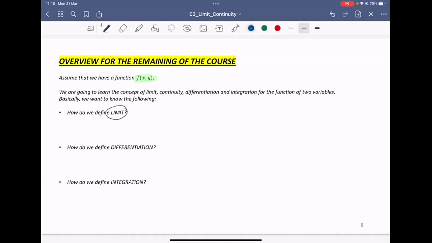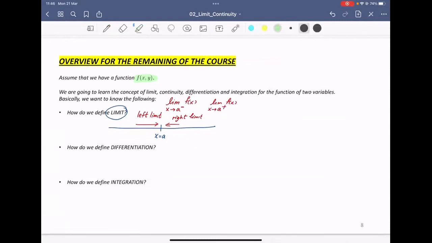So, limit. Why is it hard to define a limit in two dimensions? If you remember, in calculus 1, you used to learn something like this: this is the point x equal to a. You learn the left-hand limit, the limit of f(x) as x goes to a from the left, and you also learn the right-hand limit, the limit of f(x) where x goes to a from the right.